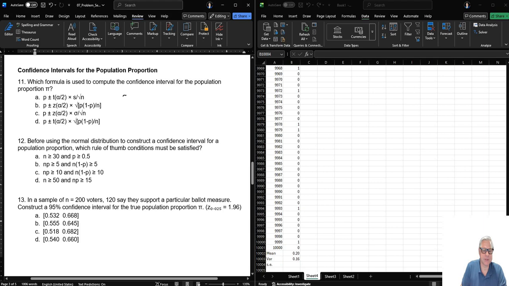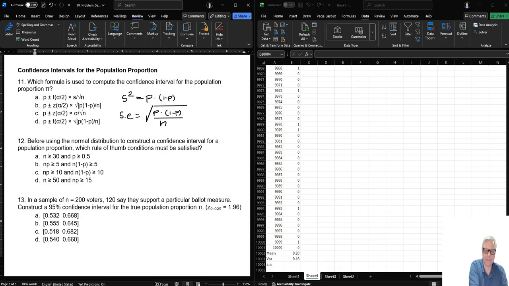So we have the sample, that we have the variation, the variance of a proportion, that is the success probability times the failure probability, 1 minus p, and the standard error is actually the square root of the success probability times the failure probability divided by n. Okay, so let's actually verify that.